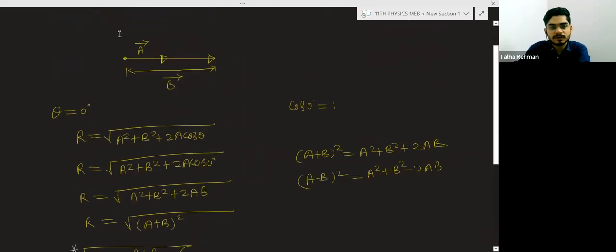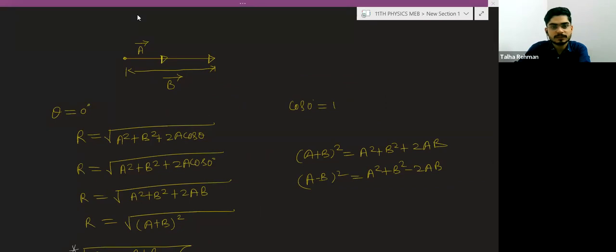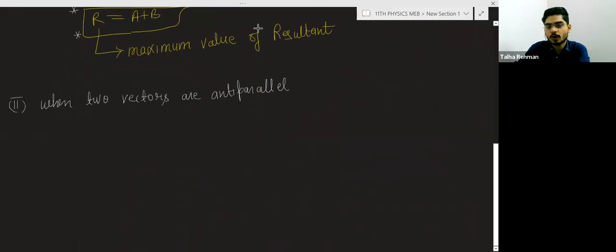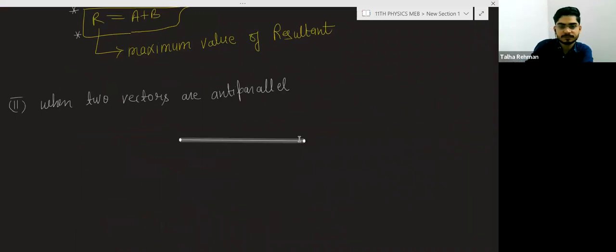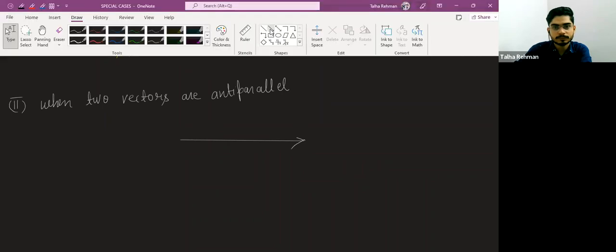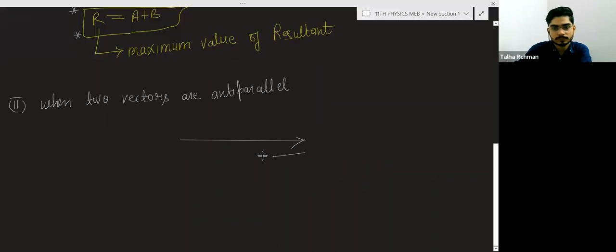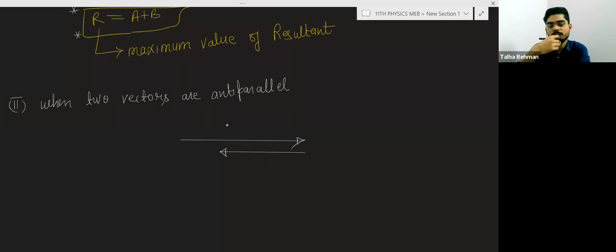Anti-parallel means like this. Opposite of parallel is anti-parallel. Suppose one vector is this, and another vector is like this. So these are anti-parallel.